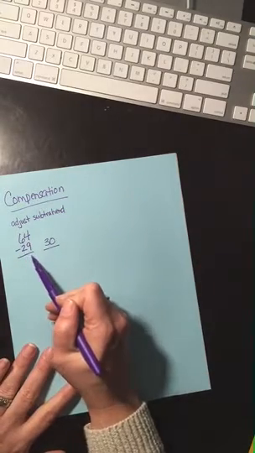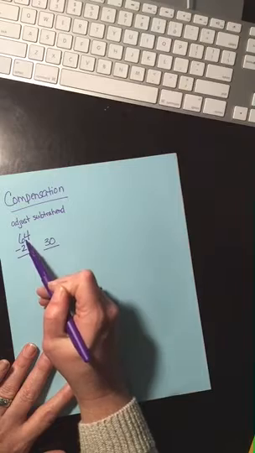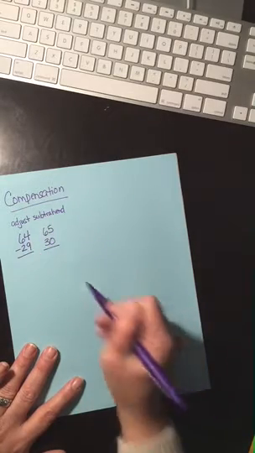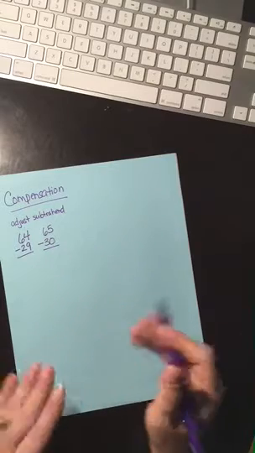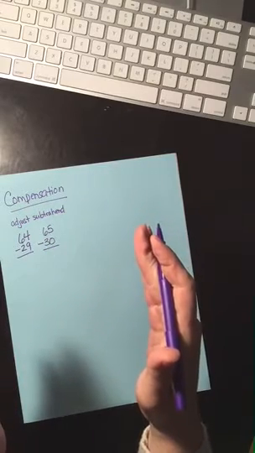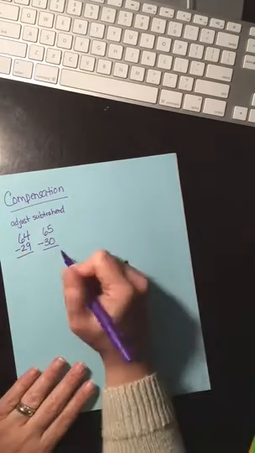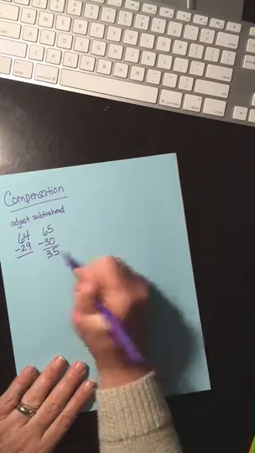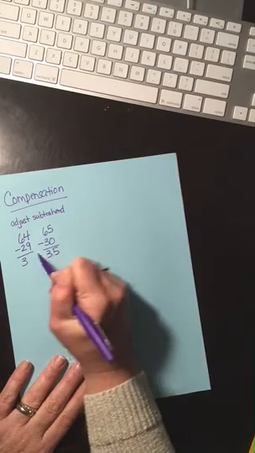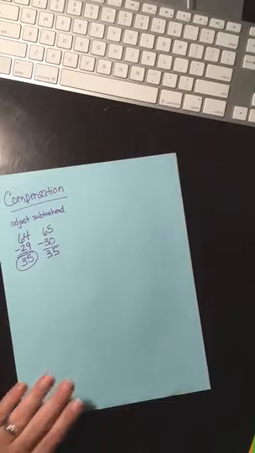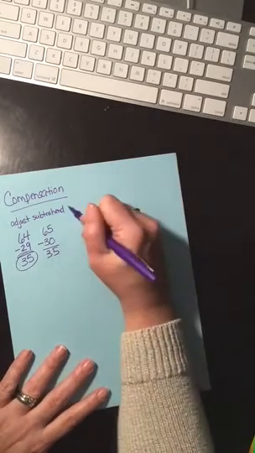So in this case, I move the 29 up one space, so I need to move the 64 up to 65. The distance between 64 and 29 is the same distance between 65 and 30. So when I subtract to get 35 here, that means 64 take away 29, which is what I'm really trying to find out, is also going to be 35.